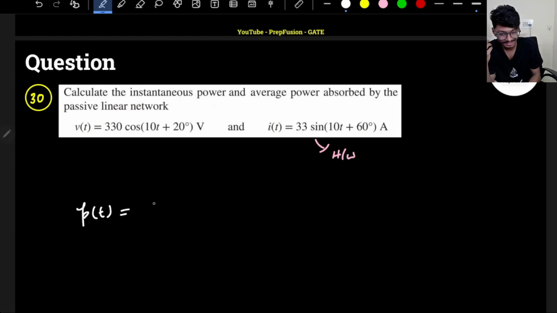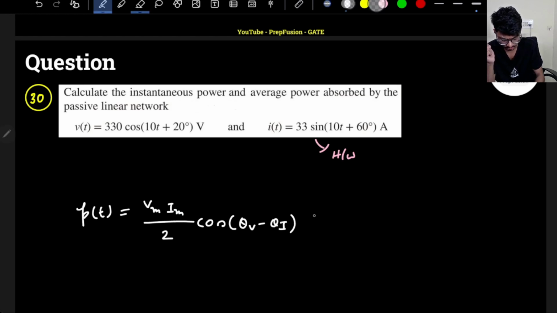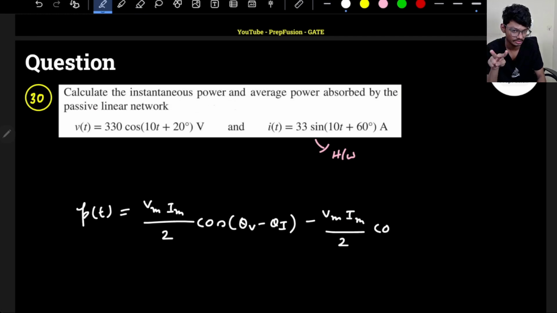But I already remember the formula: Vm Im by 2 cos(theta V minus theta I), that was the actual active power, minus Vm Im divided by 2 cos of the addition of the two angles.